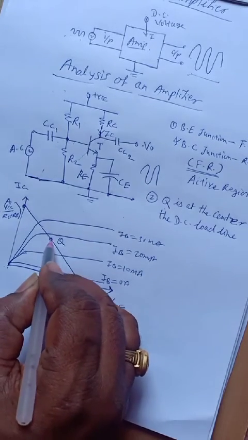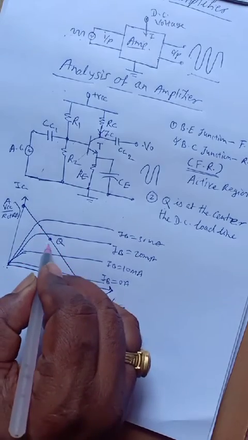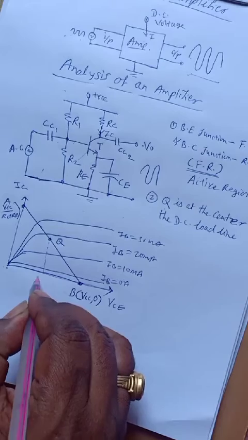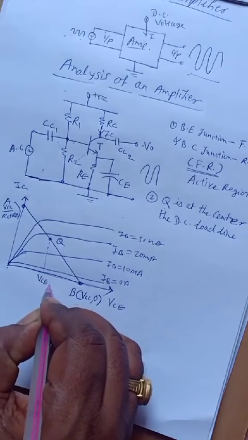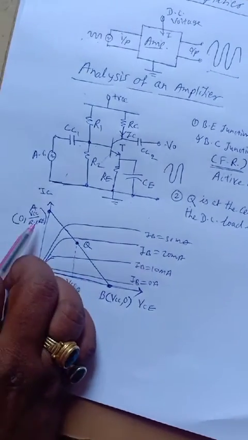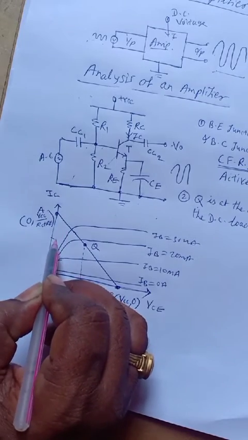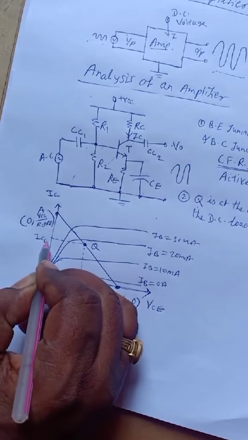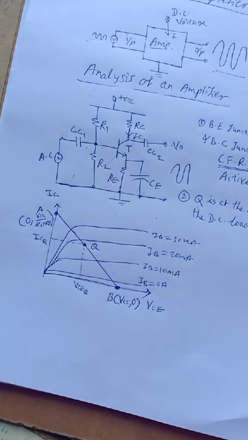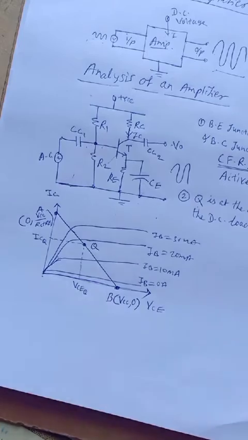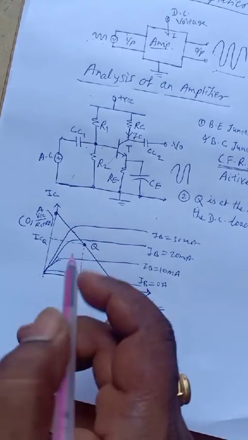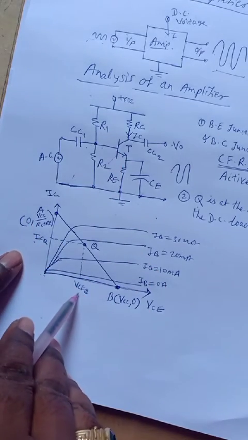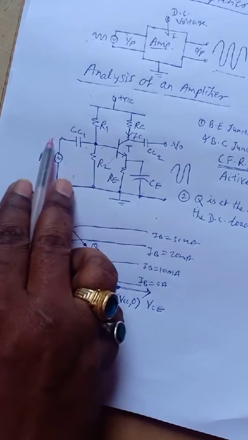We know that Q point means the operating point: the voltage across the transistor, that is VCEQ, and the current flowing through the transistor, that is ICQ, when there is no input voltage.